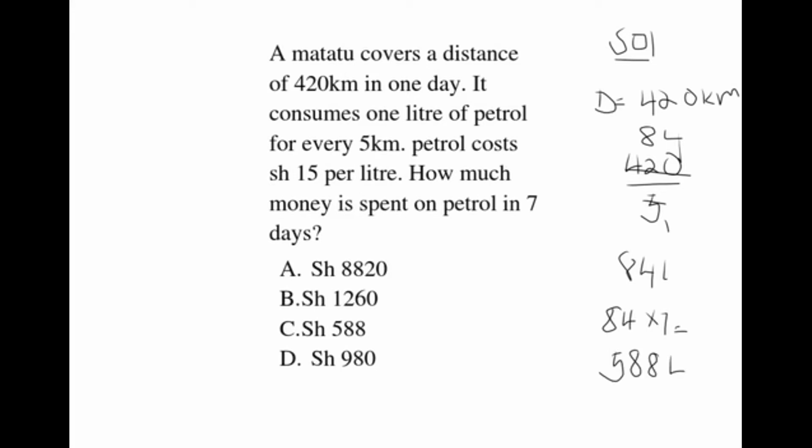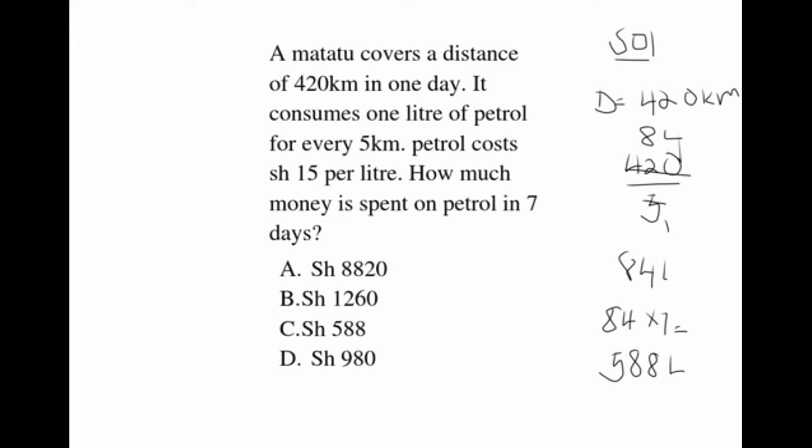Therefore, 588 liters will be used in 7 days. And a liter of petrol costs 15 shillings. For us to get the money which is spent on petrol, we take these 588 liters multiplied by the cost of 1 liter, which is 15 shillings.